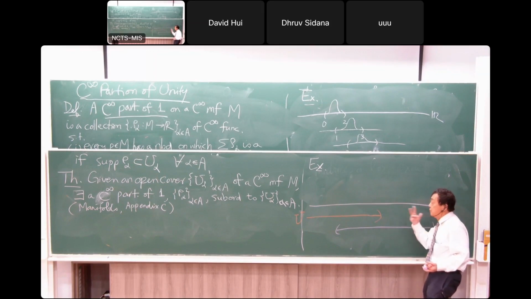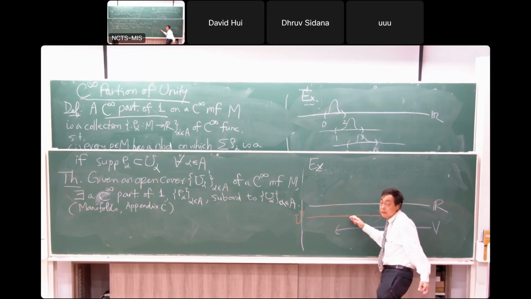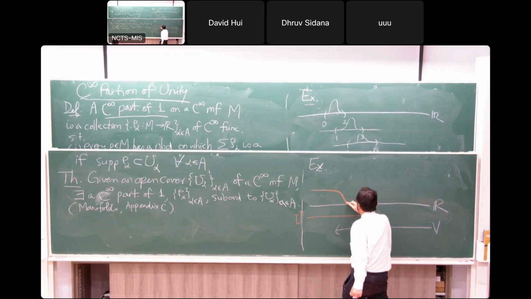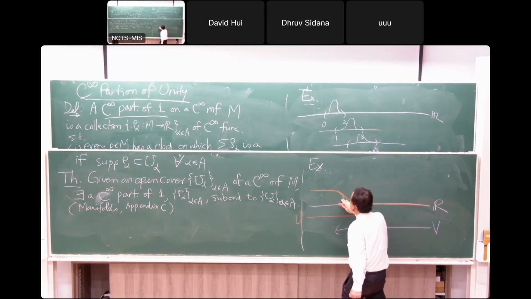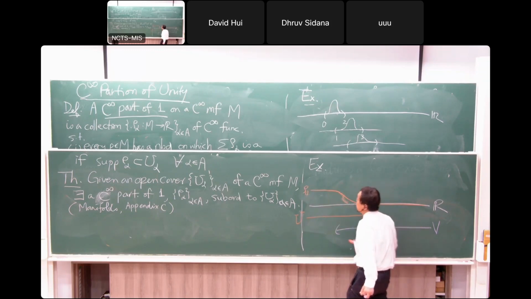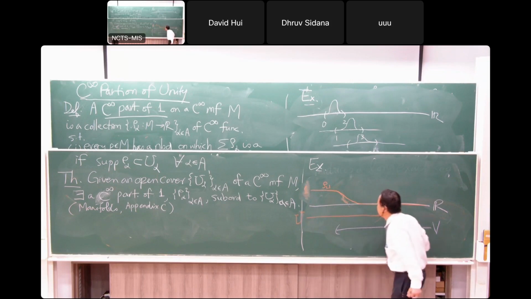Okay, now, so you need two functions, rho U and rho V. Rho U has to be supported in U, okay? So it could look like this. Let's see. No, it's one here. So this is rho U. Okay.